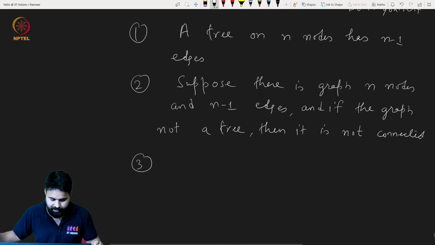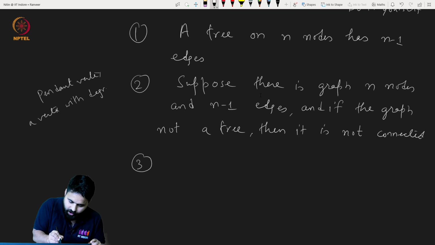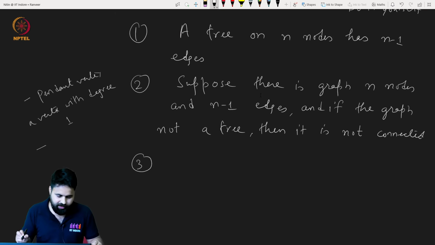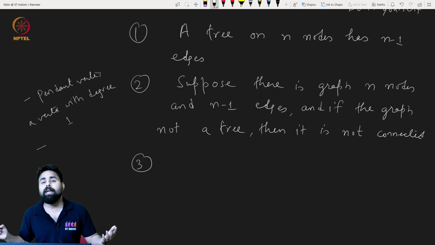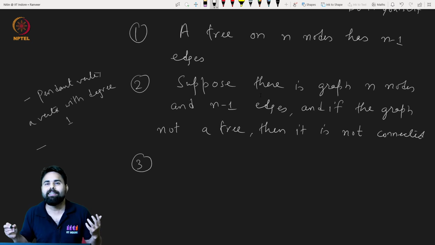So let me first write here: pendant vertex, a vertex with degree 1. Similarly, there is a pendant edge, an edge which is incident on a pendant vertex.